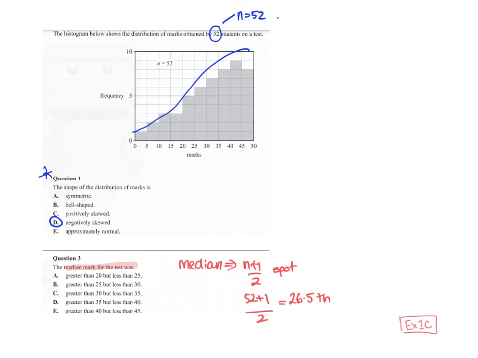So what you have to do is count along. So you look at the frequency here. This is 1. Then you've got 2. So, and then 2, 3, 3. I'm just counting them up. 5, 6, 7, 8, and 9.